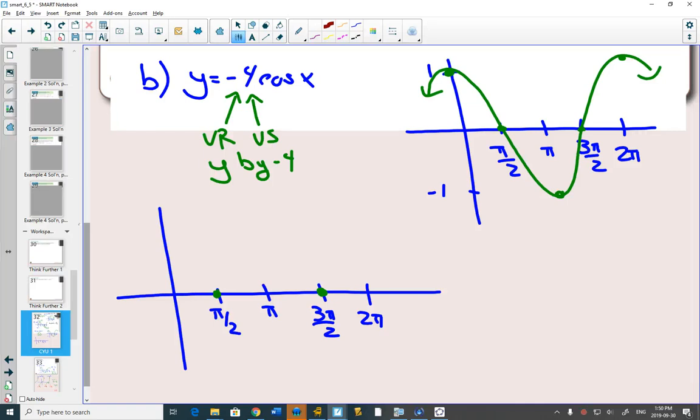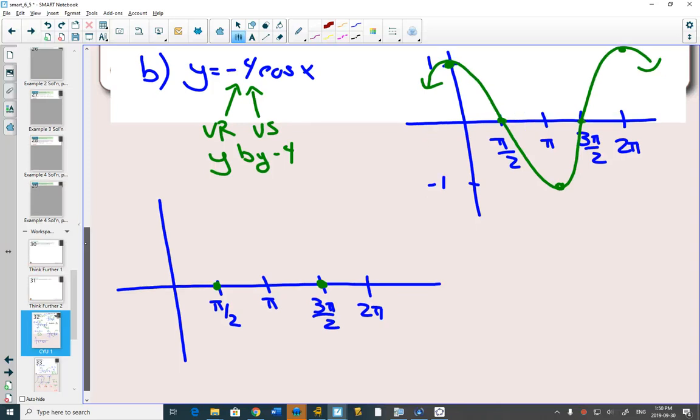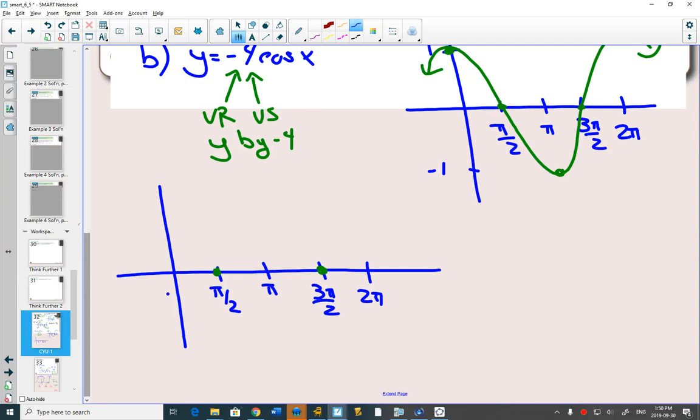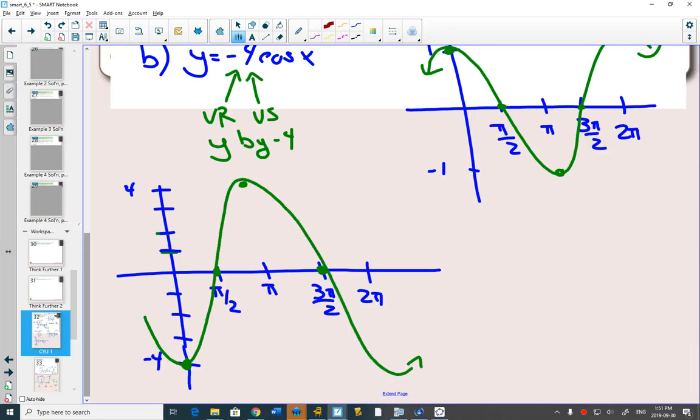But instead of having a maximum at 1, if I multiply by -4, my starting point is now going to be at -4. And at pi, where it's -1, if I multiply that one by -4, this becomes my new graph.